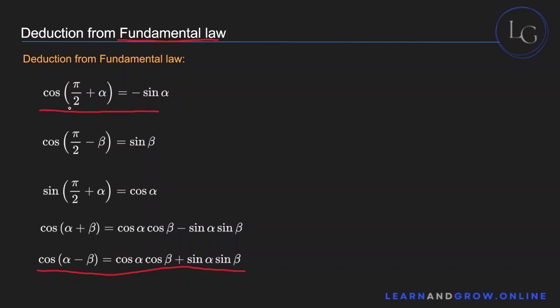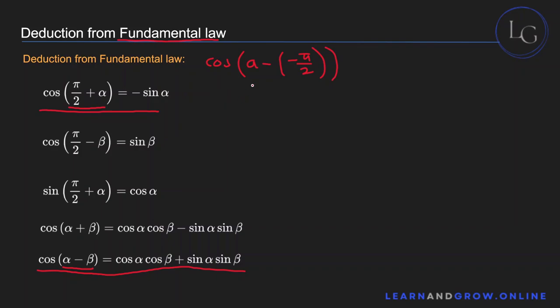Well, input this in the fundamental law. So this would become basically cosine alpha minus negative pi by 2, right? Because it's alpha plus pi by 2, and over here it's also alpha plus pi by 2 once you multiply these two negative signs, right?